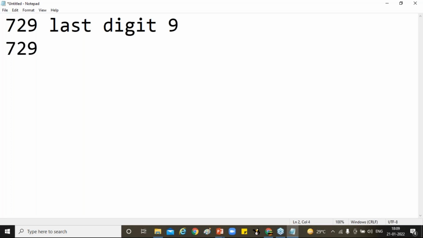If they give 729 into 729, the last digit depends on 9 into 9. It means that the last digit depends on 9 into 9, which is 81. So 1 is the last digit. We are focused on the last digit only.